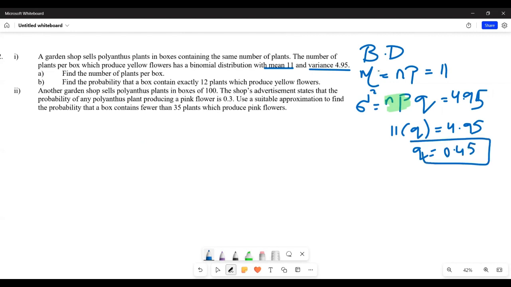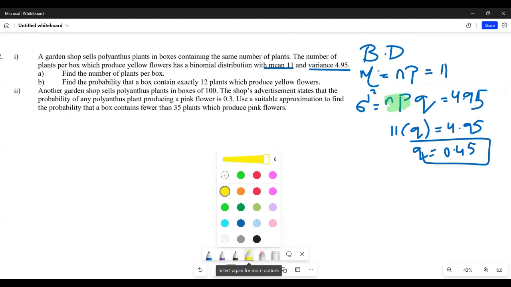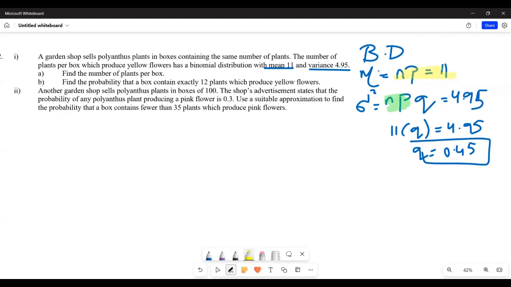And now you can substitute it here and get N as well. No, we can't get that yet, sorry. So we just have Q for now. Okay, let's see. Find the number of plants per box. So we would need to find N. Okay, so Q is 0.45. How do we find N and how do we find P?